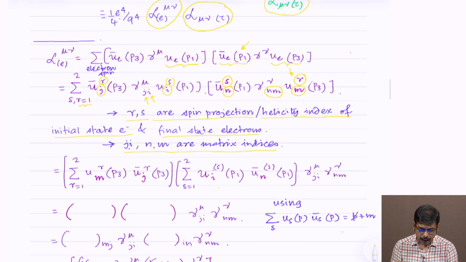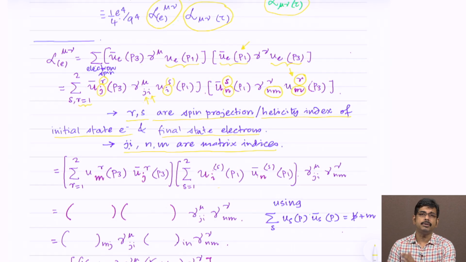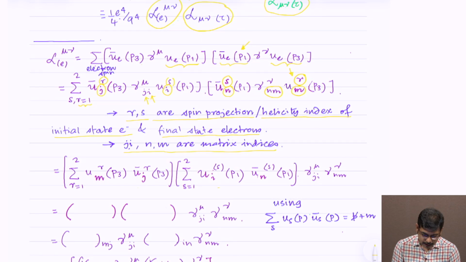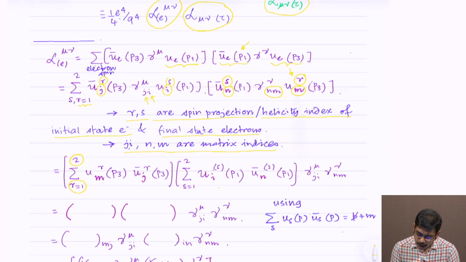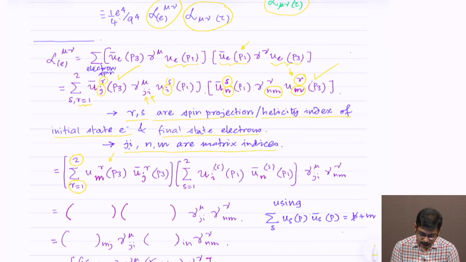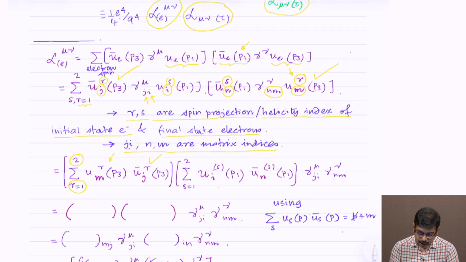So, what I am going to do is segregate between the different helicity states, or rather sum over r equal to 1 to 2. If I do that, then what are the things that you have? You have u r m P3 which is coming from this term, and then you have the u bar r j P3.